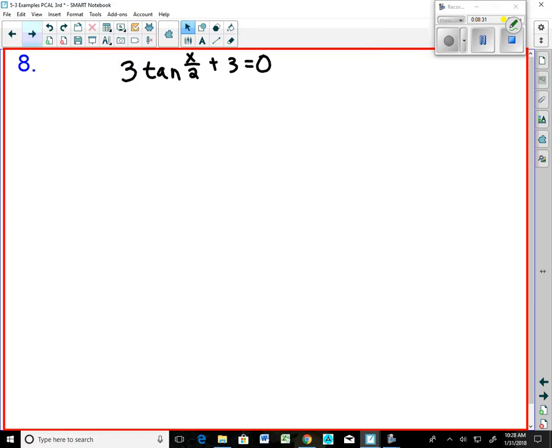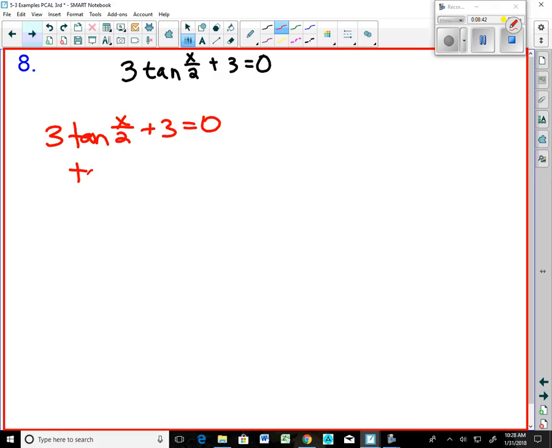And so here we have 3 tangent, and it's a division problem, x over 2 plus 3 equals 0. So the tangent of x over 2 is going to equal what? -1. And so, all students take calculus, first of all, because the tangent has a period just of pi, we'll just go from 0 to pi and then do revolutions from there.